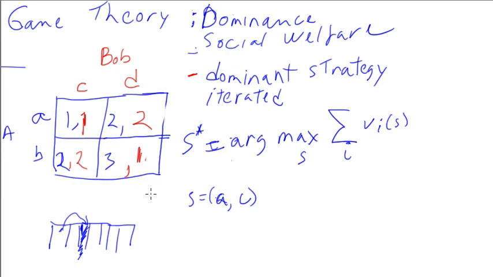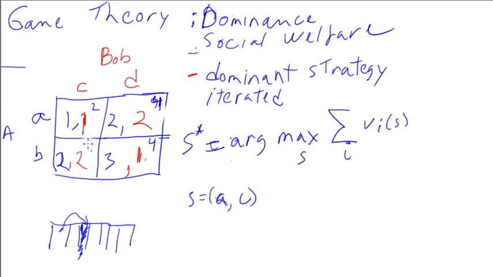When you look at the normal form game, all you have to do is look at each box and add up the numbers in each box. So here would be 2, 4, 4, 4, and 4. Again, now we have a tie. So these 3 strategies are social welfare solutions, right?